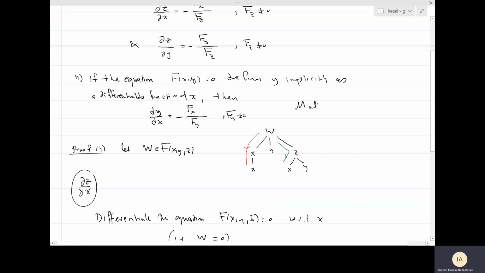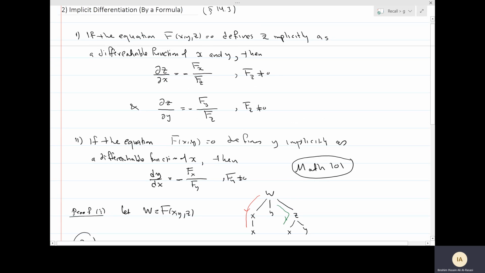This is for Math 101. So even the implicit differentiation in Math 101 can be done by a formula. But now, of course, we are interested more in the situation of Math 201.